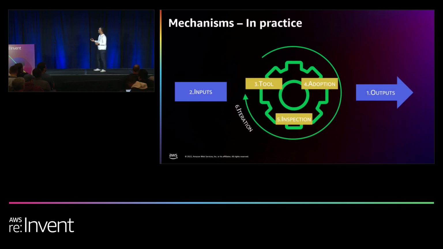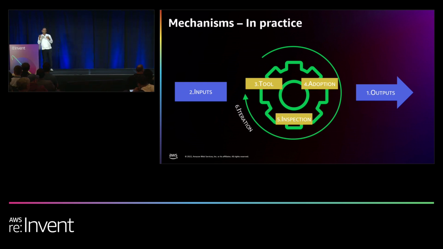Now, how does a mechanism look in practice? In essence, a mechanism is a complete process. To the right, you always start with some challenge. A business challenge, it could be a technical challenge. And you're basically wanting to start with the outcomes you want to achieve in order to solve that particular challenge.